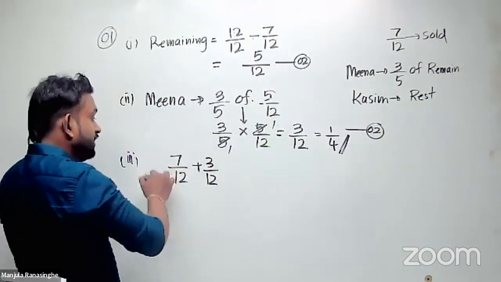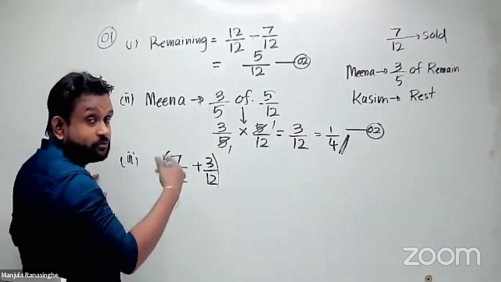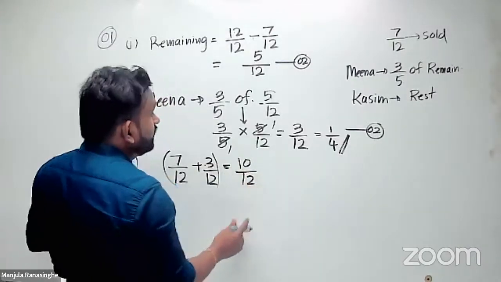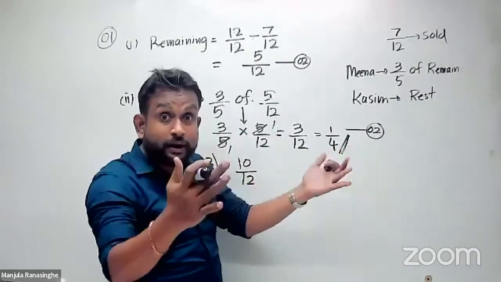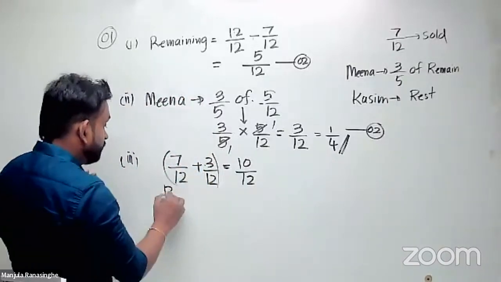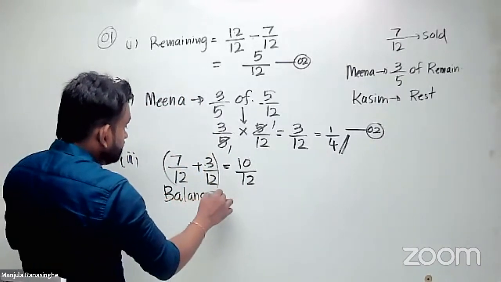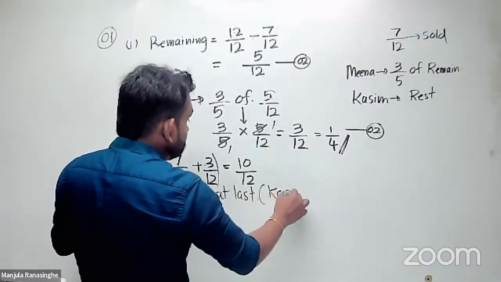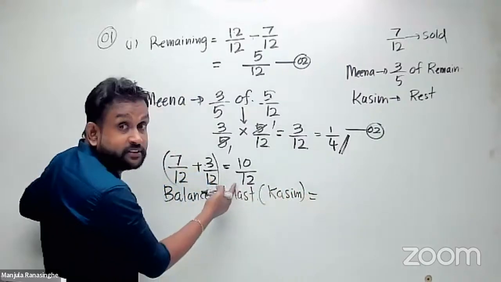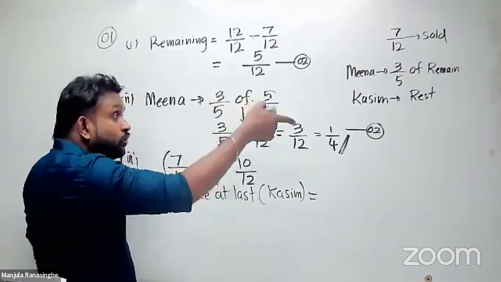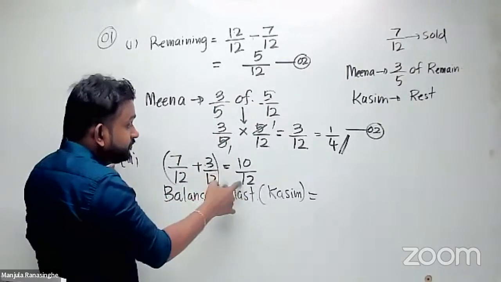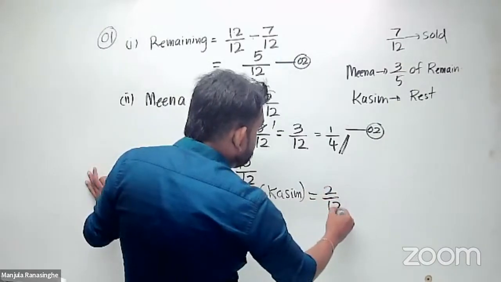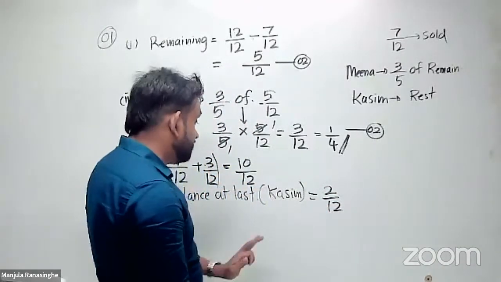The total spent on the sold part and Meena is 7 plus 3, 10/12. So what is the balance at last? That is given to Kasim. From 12 subtract 10, so 2/12 is the balance.